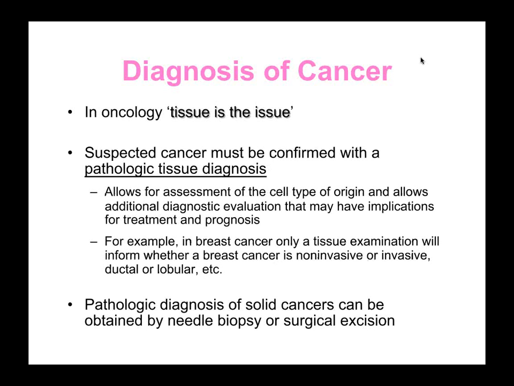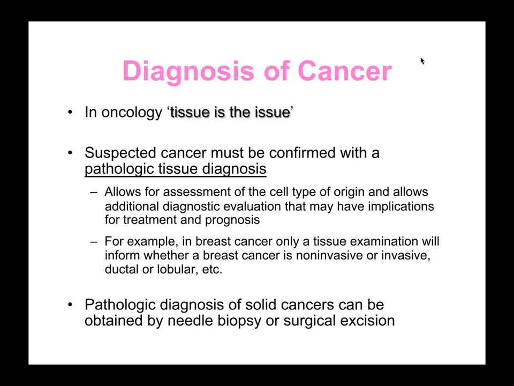So in oncology, it's always important to remember that tissue is the issue, and any suspected cancer absolutely must be confirmed with pathologic tissue diagnosis. You can't take some findings on imaging studies, on a CAT scan or something like that, that are concerning for cancer and assume that this is cancer and treat it as such.